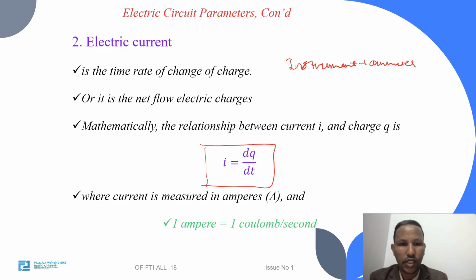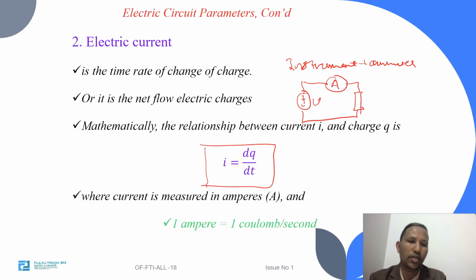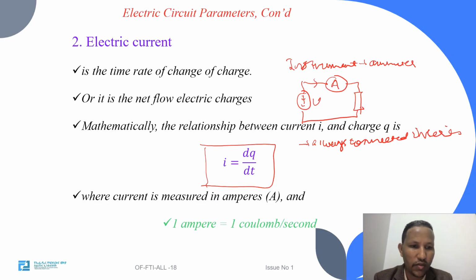For example, you have a source, and the ammeter should be connected in series with the load. This ammeter is responsible for measuring the current flowing through the load. So the ammeter is always connected in series, so that we can measure the current flowing through that device.